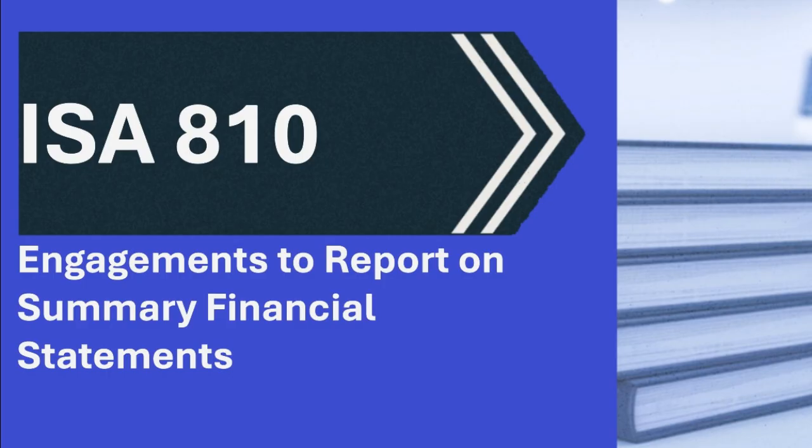And if they find a clash? They discuss it with management. If management won't fix the other information, the auditor might have to add a special paragraph to their summary report. It's usually called an other matter paragraph. Basically, it points out the inconsistency to the reader. So they're kind of acting as a consistency check for the whole document, making sure it all hangs together.